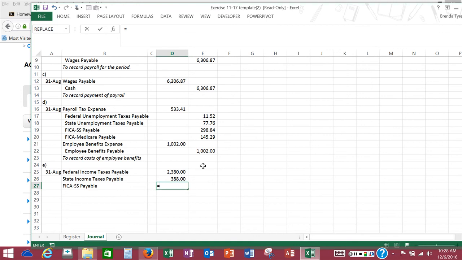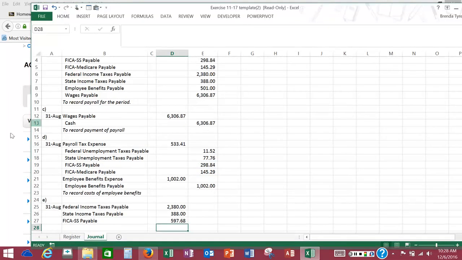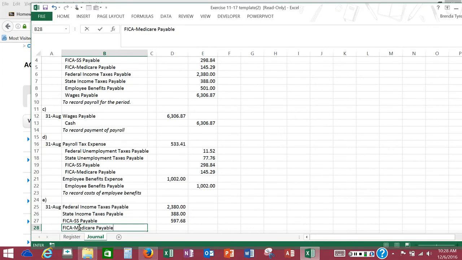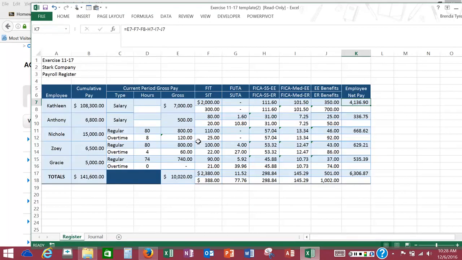So we'll add this one plus, they should be the same number, so we could have almost just doubled that. And then we've got our FICA Medicare payable equals this plus this.